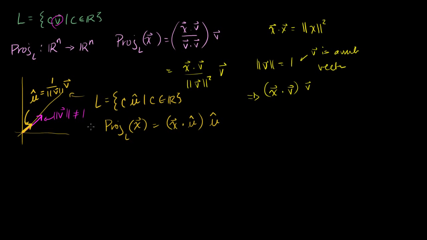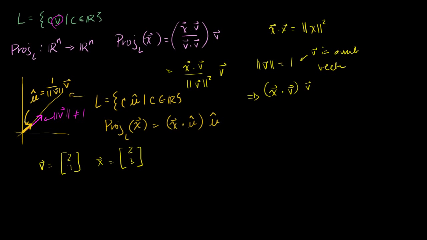itself. And so you can imagine the case that I did in the previous video where I had those two vectors, where the vector v that defined the line was the vector 2, 1, and our vector x was equal to 2, 3. If you want to use this definition, we just have to turn v into a unit vector first.